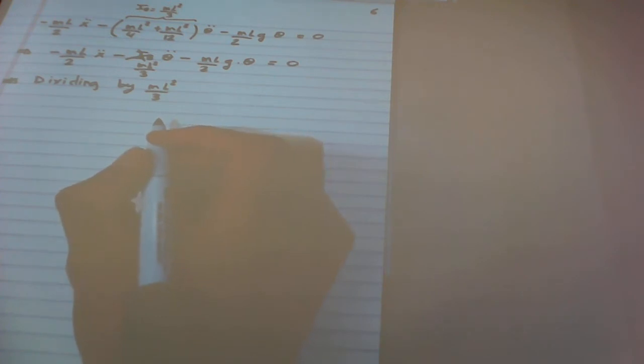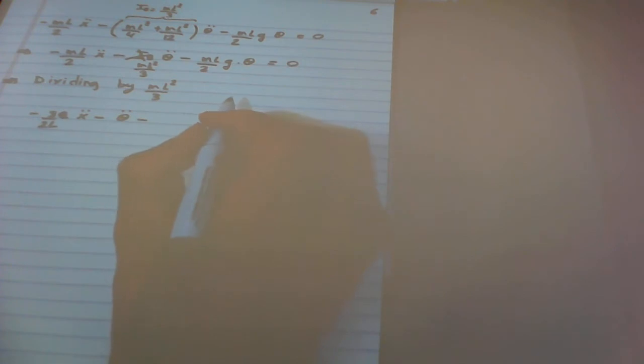So what will you get? You get minus 3 over 2L x double dot. I think the L should be in the denominator, yeah. So x double dot, minus theta double dot. This is really the term that I'm interested in now. Minus, this should give you what?